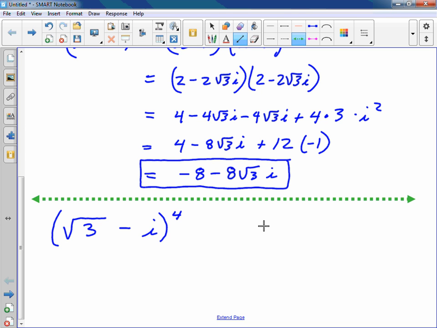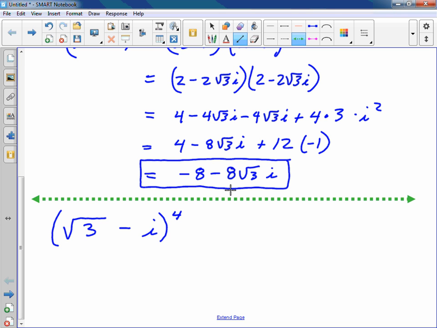So, very cool. Let's say we want to use De Moivre's theorem and try to compute and come up with the same answer for square root of 3 minus i, quantity to the fourth power. Try to come up with negative 8 minus 8 times square root of 3 times i. So let's jump into this.